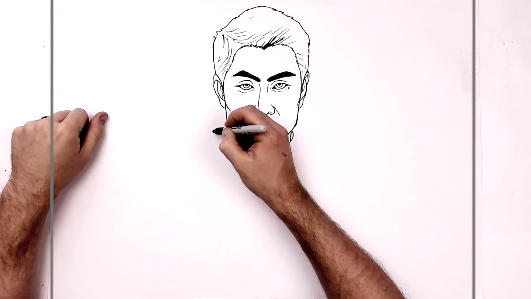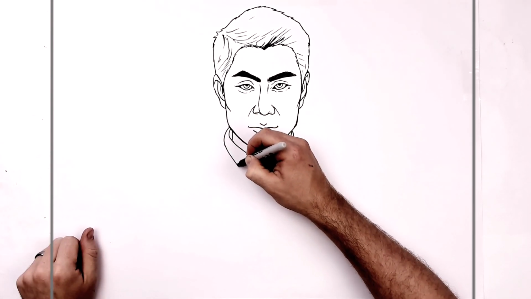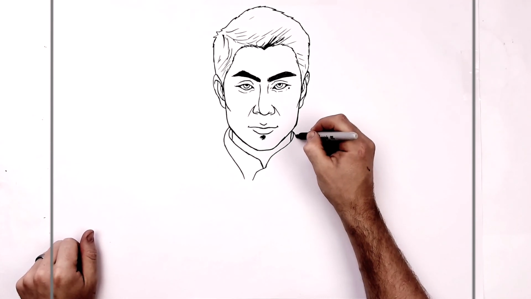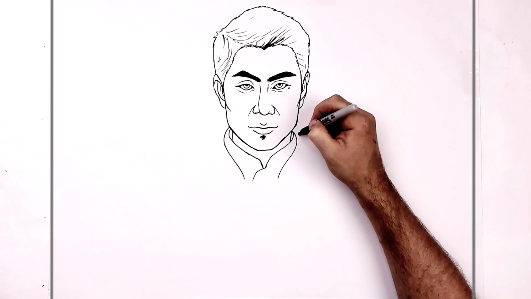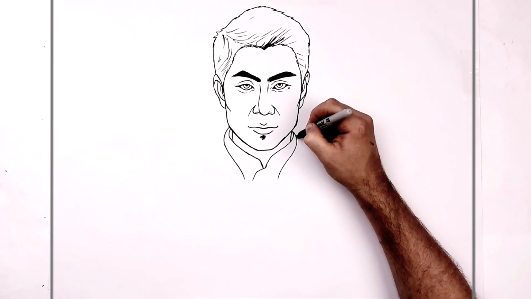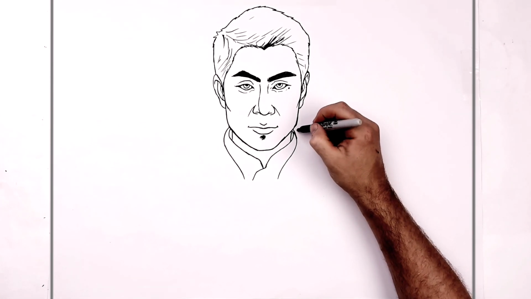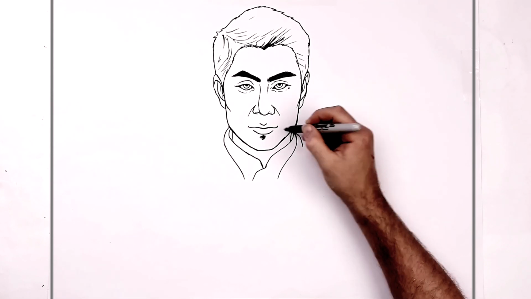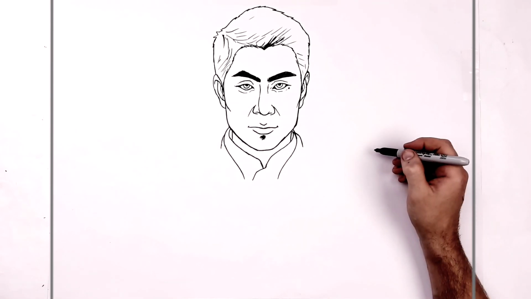And then there's another layer, right? So this comes down this way, and this other layer comes down into here. The outer part of it comes down to there. And the outer part of this comes down like so.